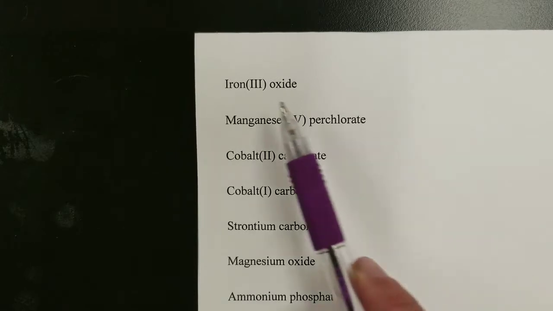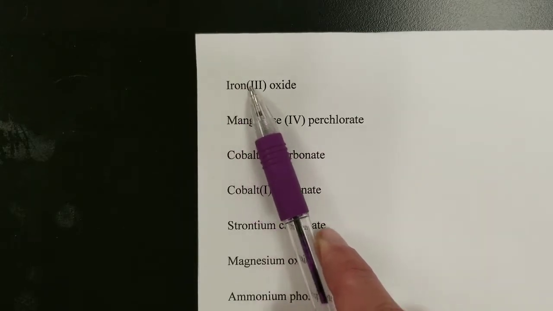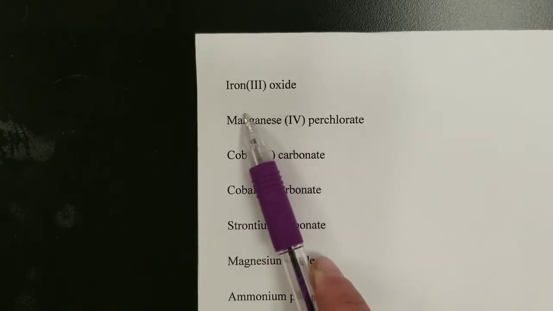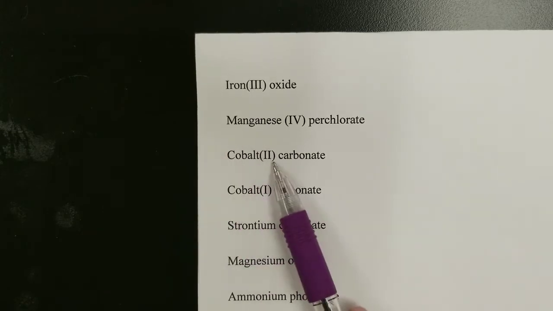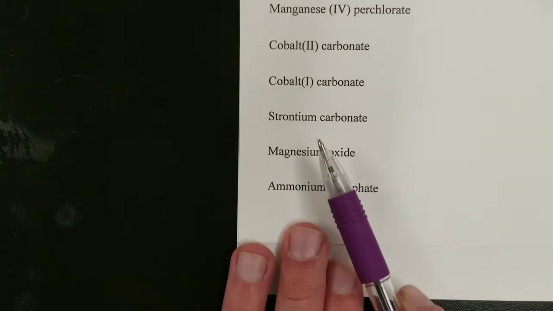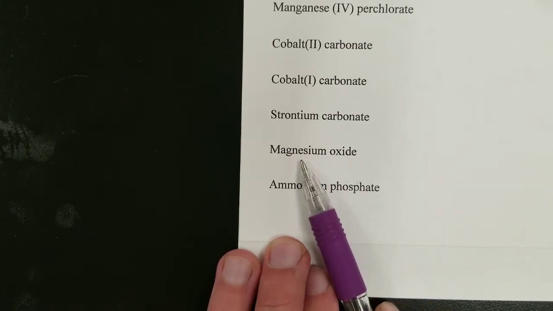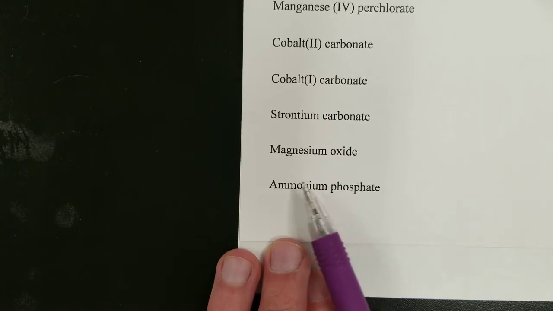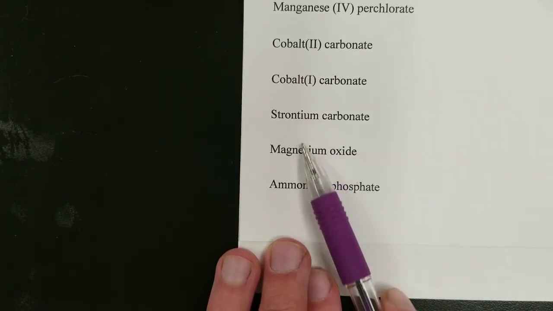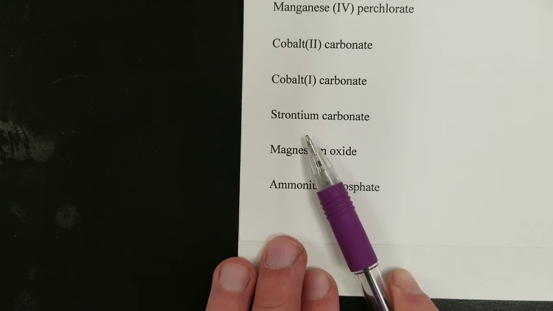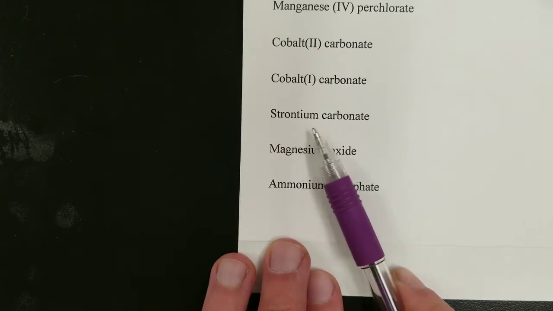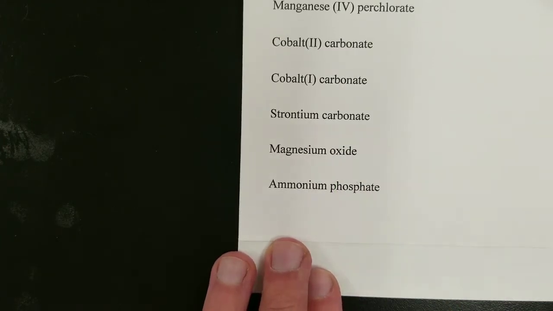Okay, the big rule is that metals with a variable charge, that could potentially be more than one charge, have a Roman numeral to specify what charge it is, and the ones that are always the same, such as strontium always being a 2+, or magnesium always being a 2+, or that are just not metals at all, as in these are both polyatomic ions. These things, because their charge is reliable, dependable, and constant, are always going to be a no Roman numeral sort of situation with their name.